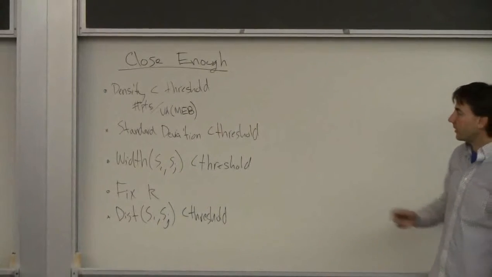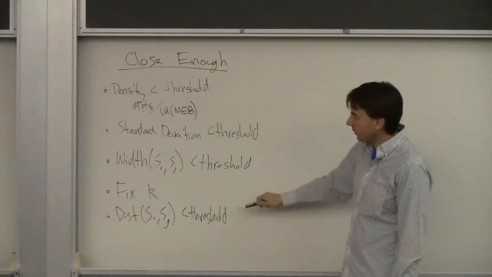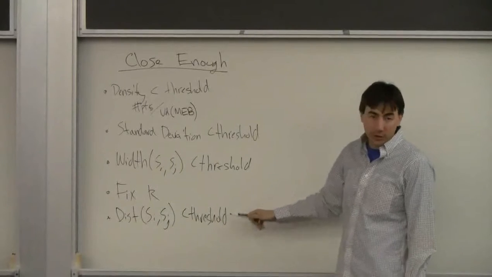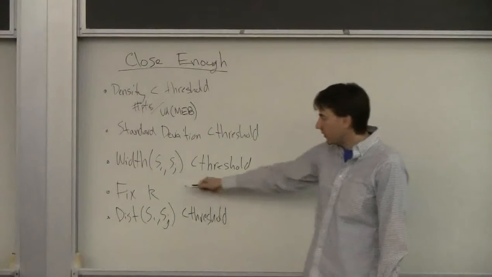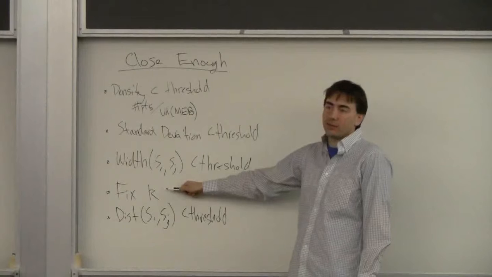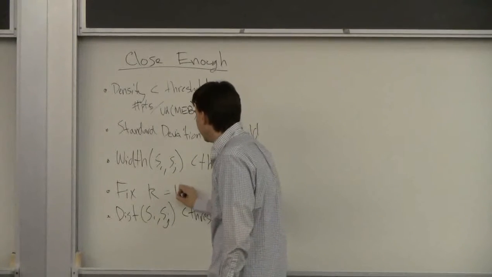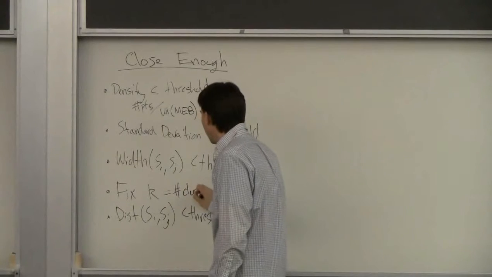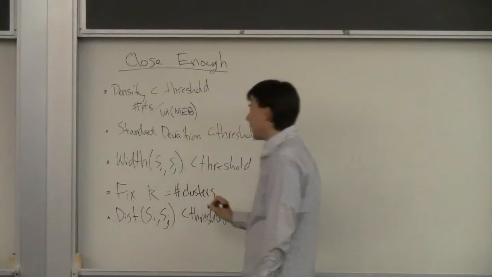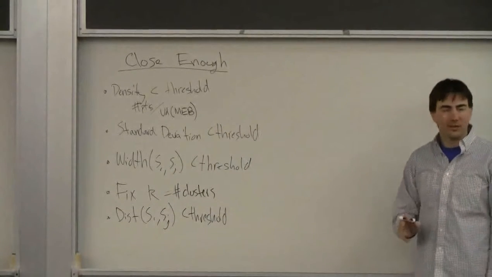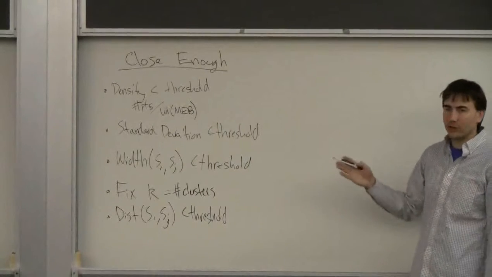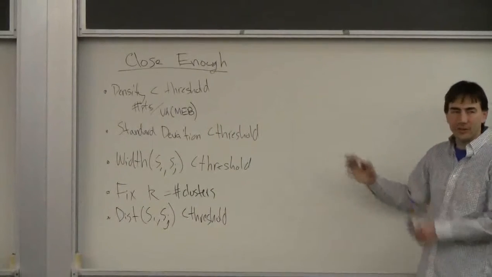So in four of these, I have this magical threshold. In this one, I don't have a threshold. I have a fixed K, which is equal to the number of clusters.